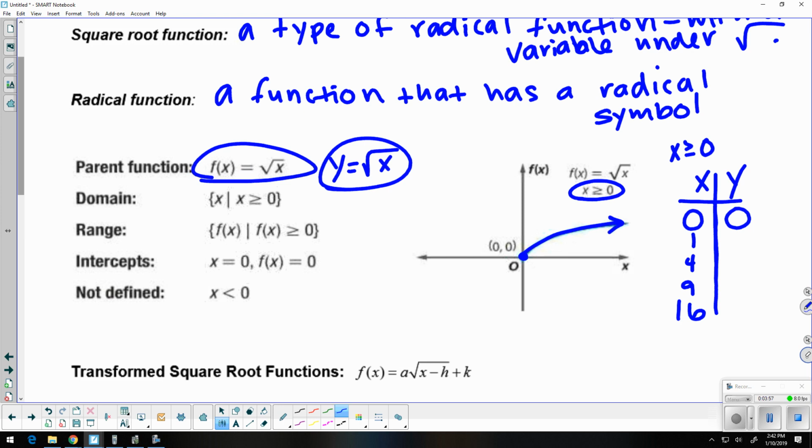When I plug in 1 for x, y is the square root of 1, which is just 1. When I plug in 4 for x, the square root of 4 is 2. Square root of 9, that's 3. Square root of 16, that's 4. But you can also use other numbers too. You don't have to choose perfect squares. So if I make a different table over here, again, I'll just start with 0.